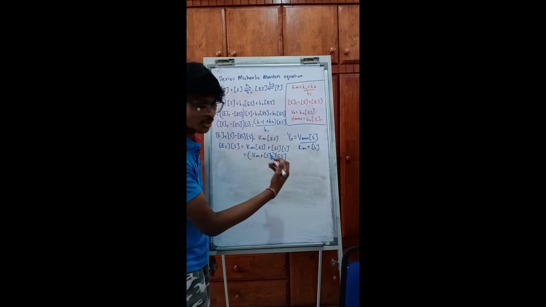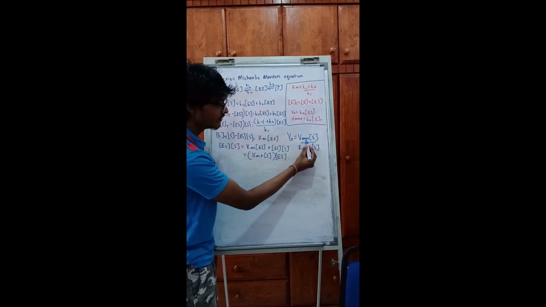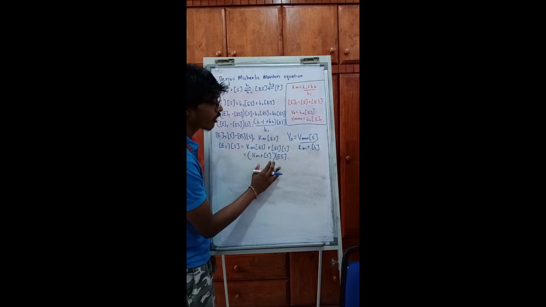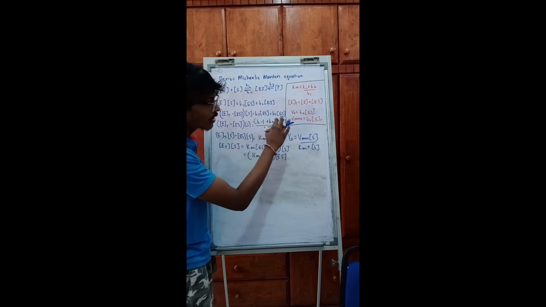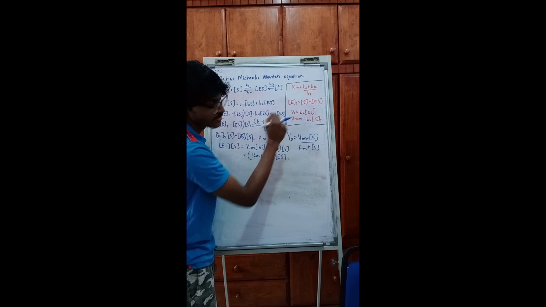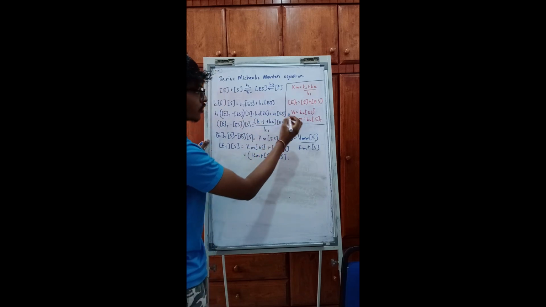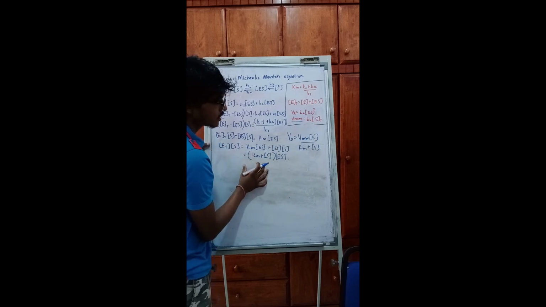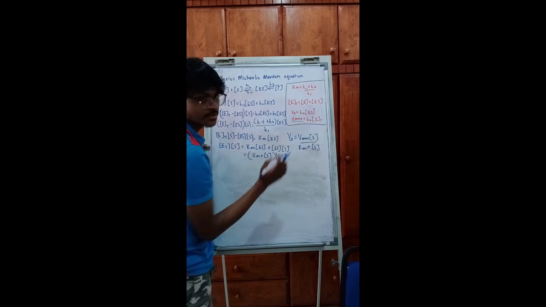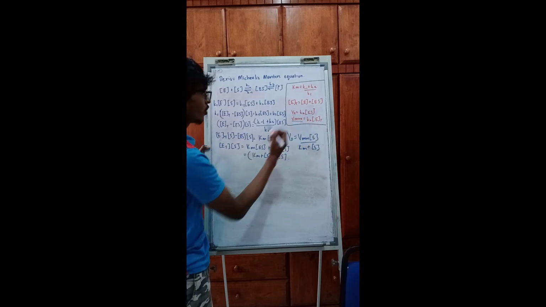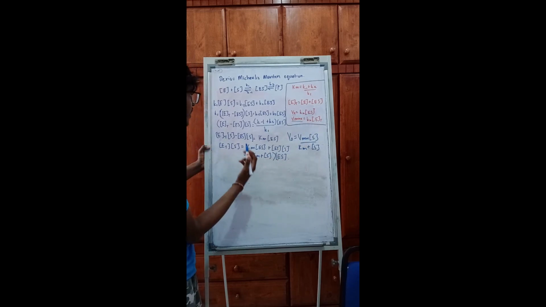So now how are we going to form V naught and V max? If you can see, there is no V max and V naught in this equation. So in order to get them, we have to use two equations actually, basically this one and then this equation. So in order to form this V naught and V max, we have to make this equation form this and this equation. So first of all, in order to form V naught, do we have K2 here?